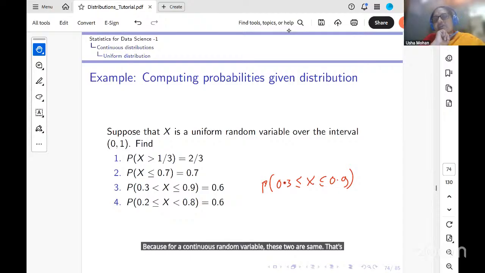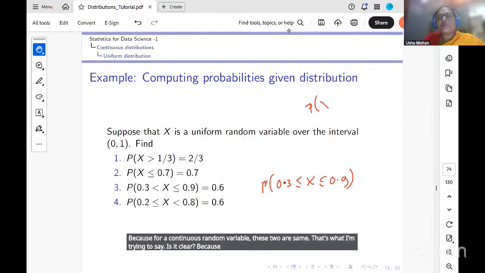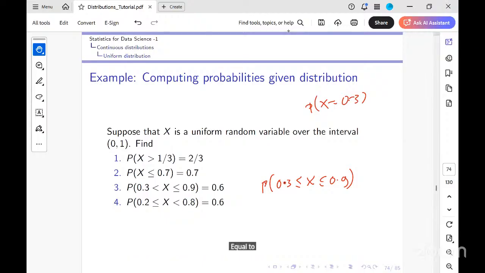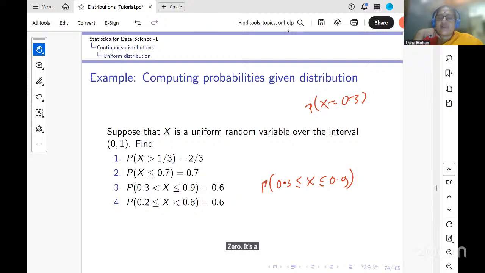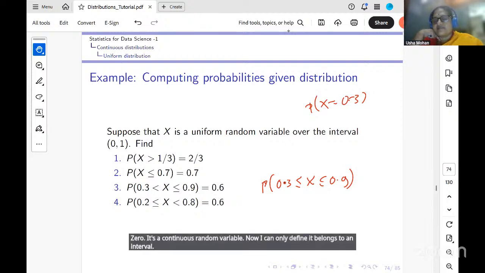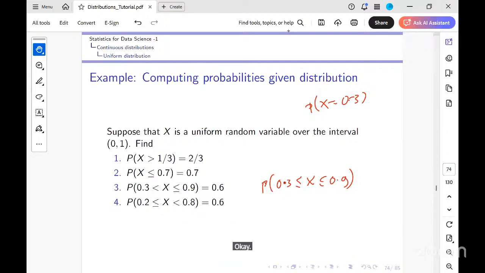That's what I'm trying to say. Because what is the probability x is equal to 0.3? It is 0. It's a continuous random variable. Now I can only define x as belonging to an interval. Is it clear?